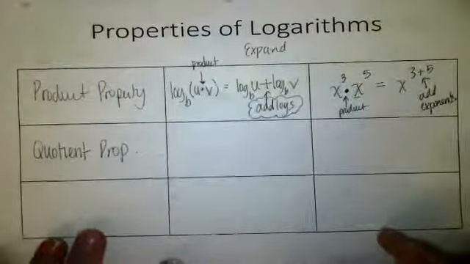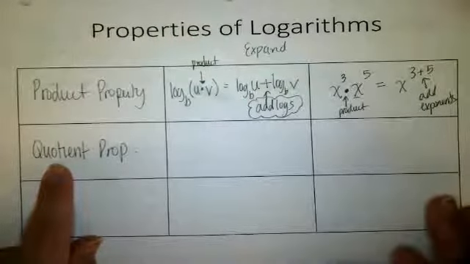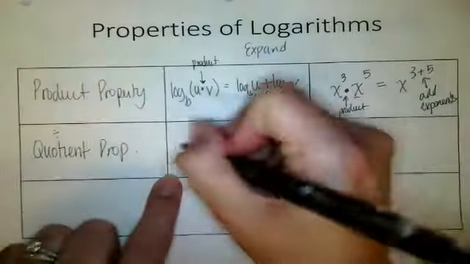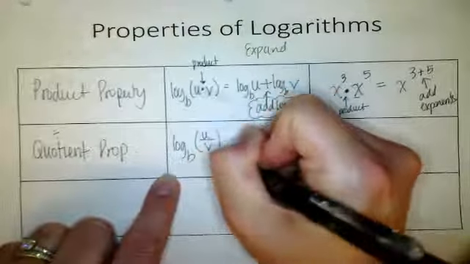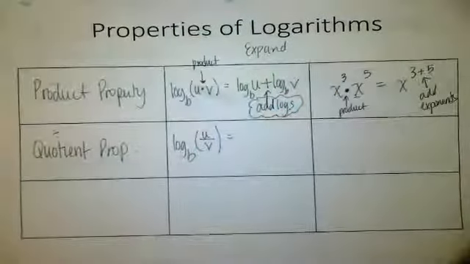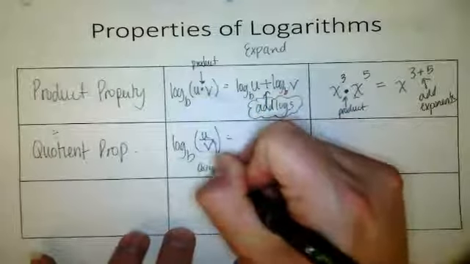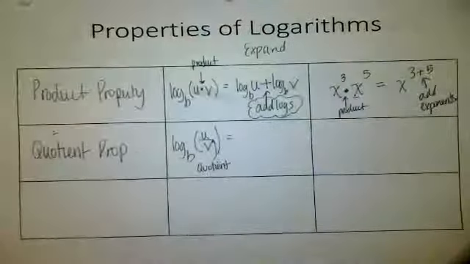The quotient property, quotient refers to division, so if we have a division problem. That would be log base b of u divided by v. U divided by v. So there is our quotient. If we have a quotient, what do you think you get to do?